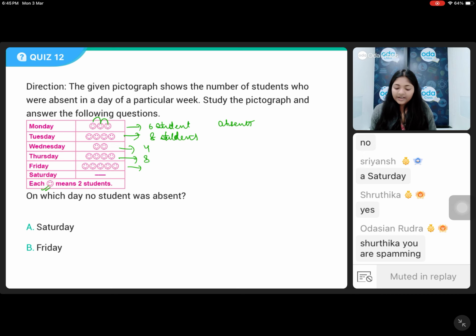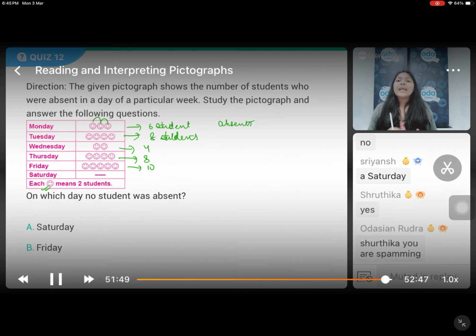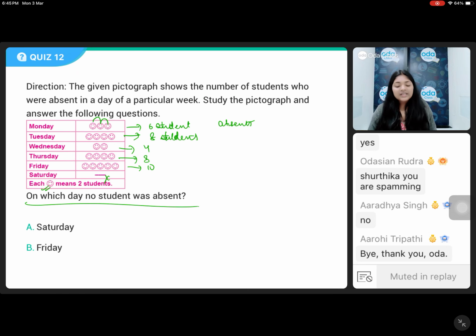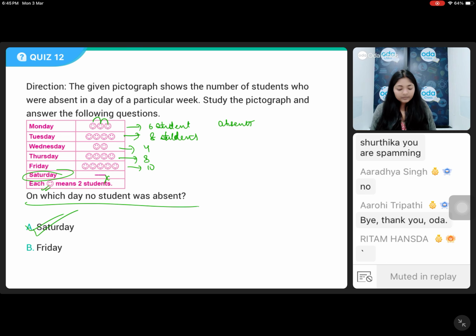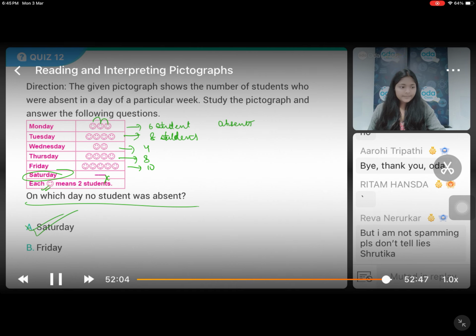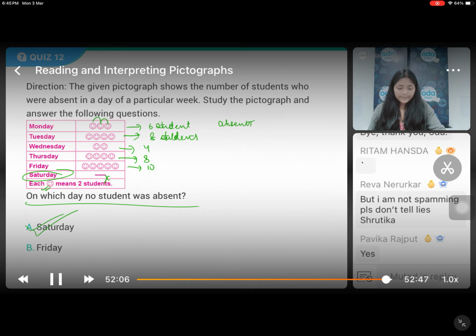Here we have 8. Here we have 10. So these many were absent. Here we don't have anything, so it means no one was absent. So on which day was no student absent? On Saturday. Clear? Clear, bacha? Is it clear now? Let me know.